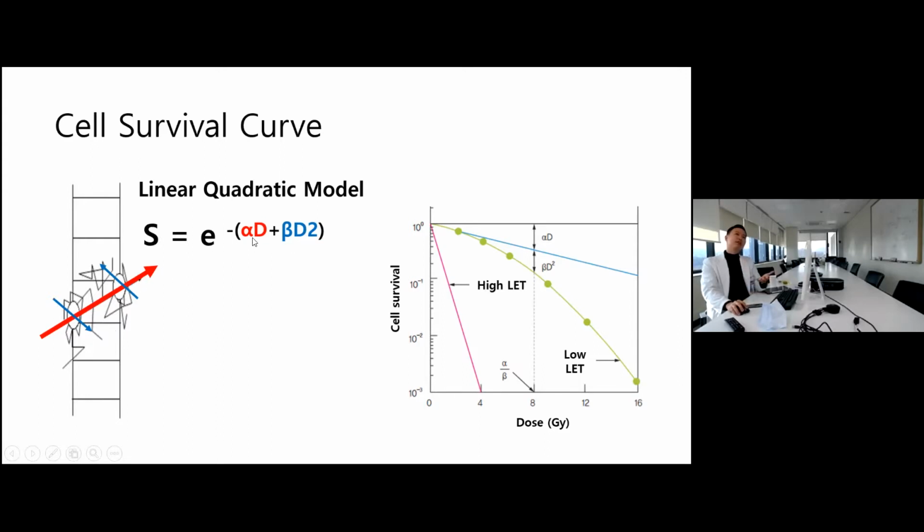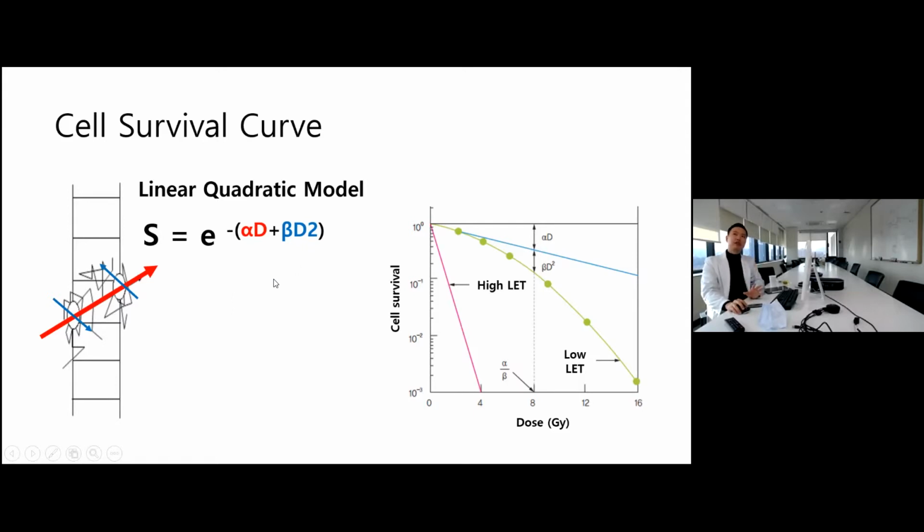However, the probability of such single strand breaks happening very near each other is multiplied, so it is expressed as a square.